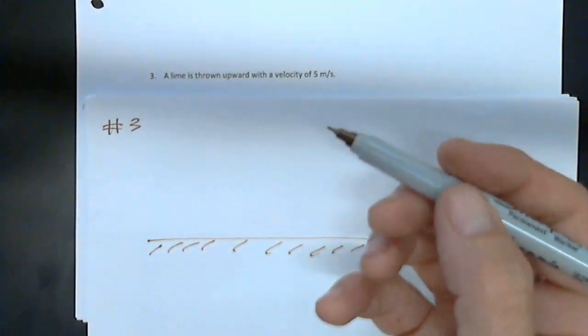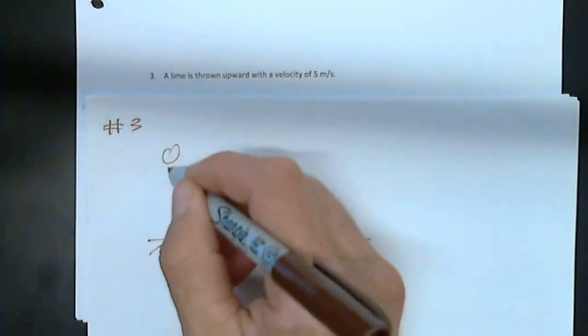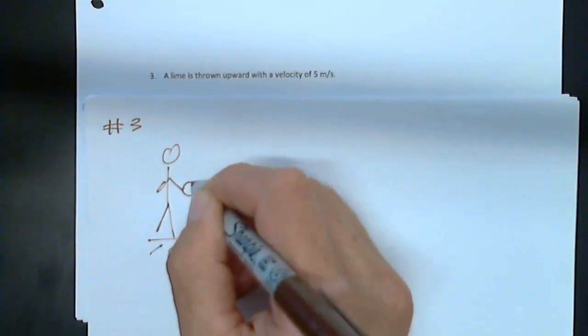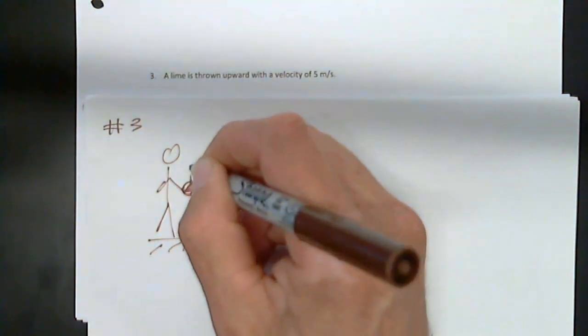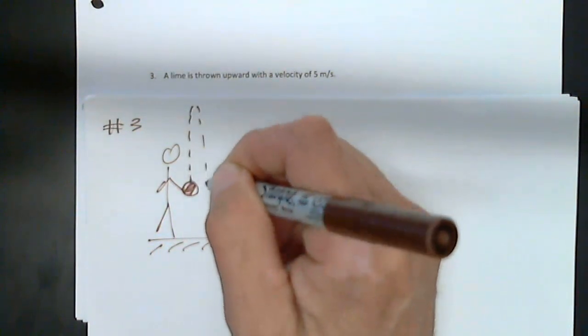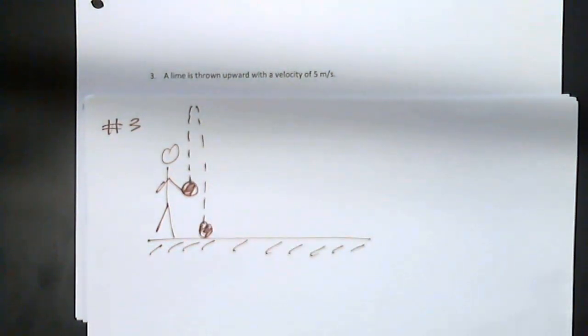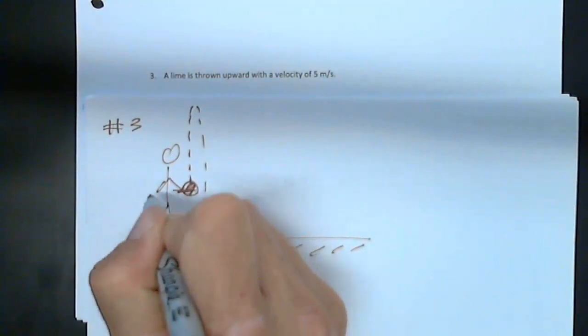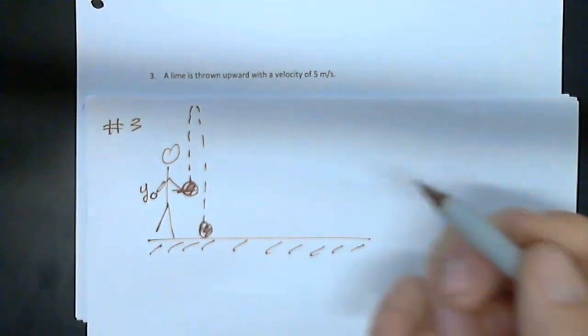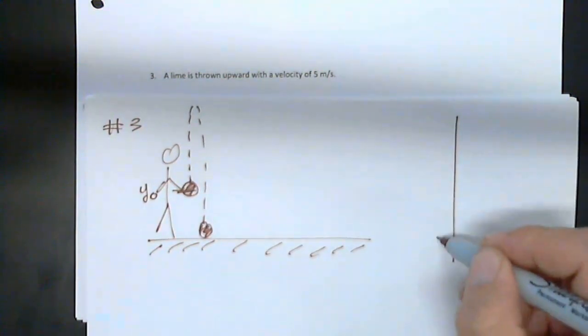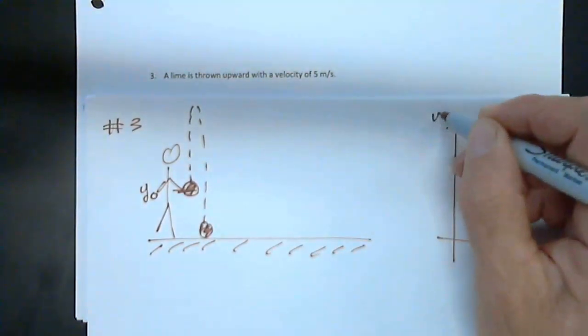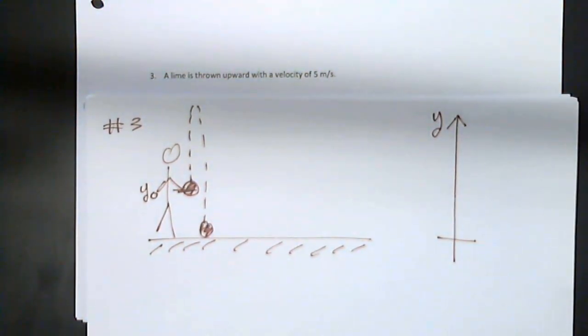Usually, because your hand is above ground, you throw it from some height. So usually it's like this, and the ball goes up and then down. So you could call this the initial position, y. The up and down axis is y, and the across axis is x.